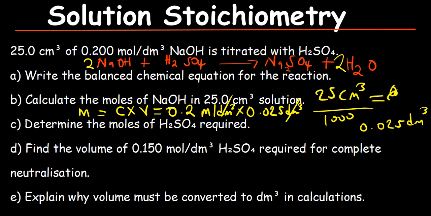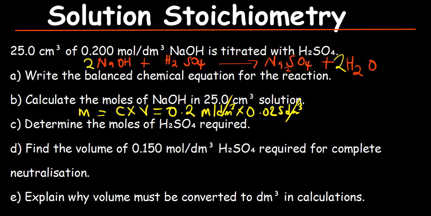Therefore, now what are we going to have as the number of moles? So in this case, 0.2 multiplied by 0.025, I'm getting 0.005 moles. Okay, so that is what I have.